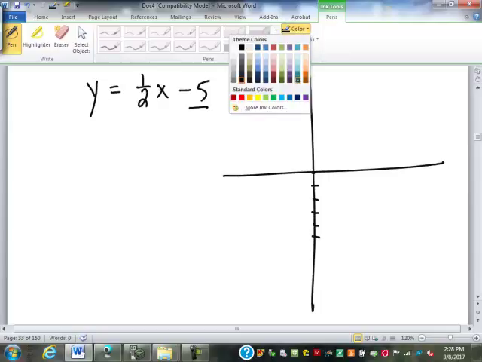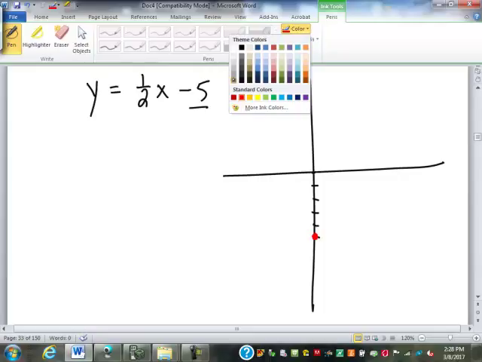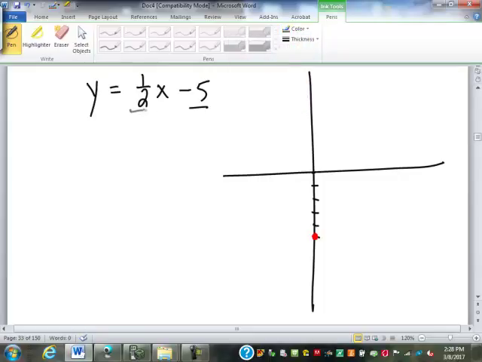So that is my starting point right there. From that starting point, my slope then tells me what to do. And remember, the top number is the rise, the bottom number is the run. So from this point, how far am I going to rise? 1. And I'm going to run 2. So I get a second point right there. That's my ending point. And I can use that to graph my line, just like that.